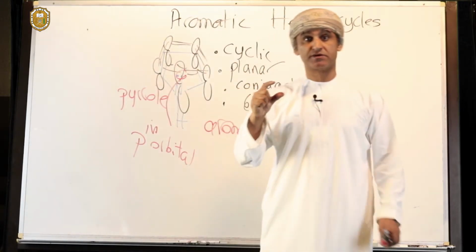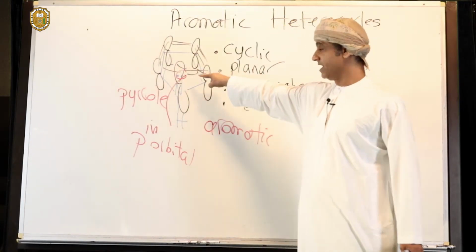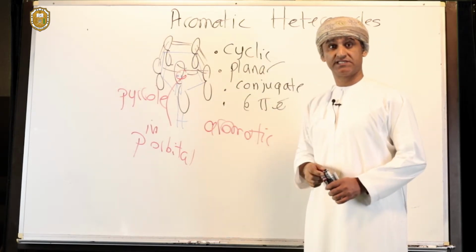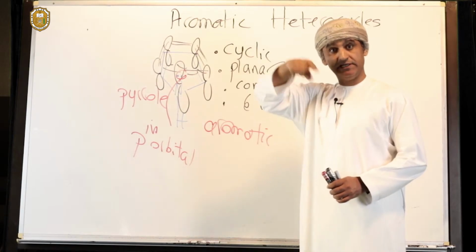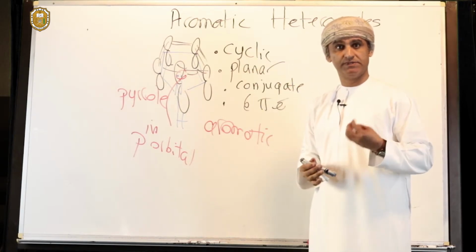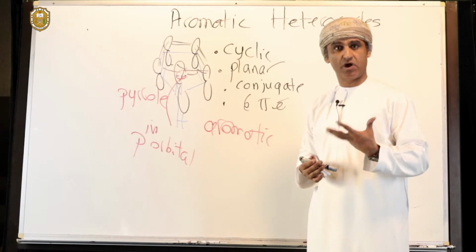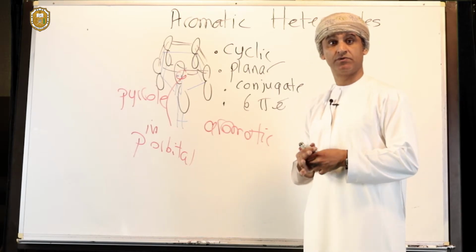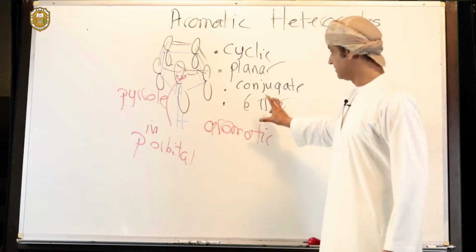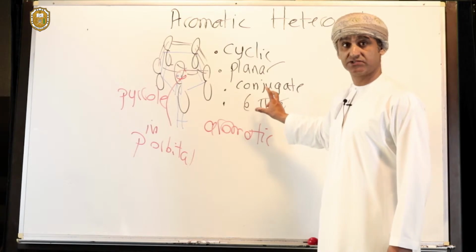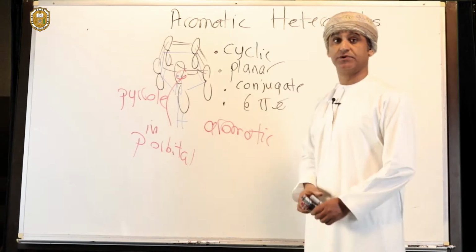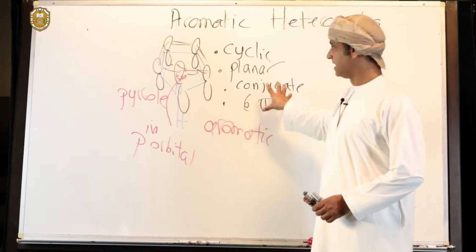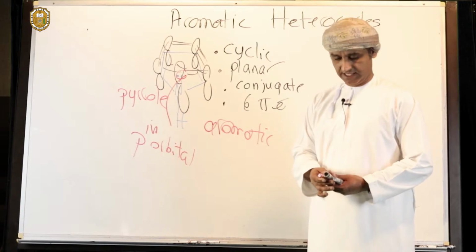One remarkable reason is that this lone pair is in a p orbital, inside the pi system. The p orbital not only entitles pyrrole to be conjugated, with continuous, cyclic conjugation, but also accounts for the number of pi electrons, which is 6, in accordance with the Huckel rule. Therefore, it's 4n plus 2, and pyrrole is aromatic.